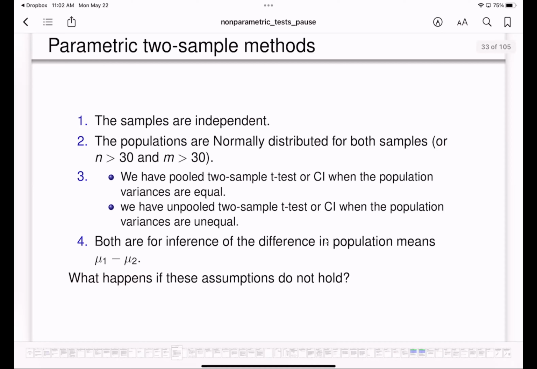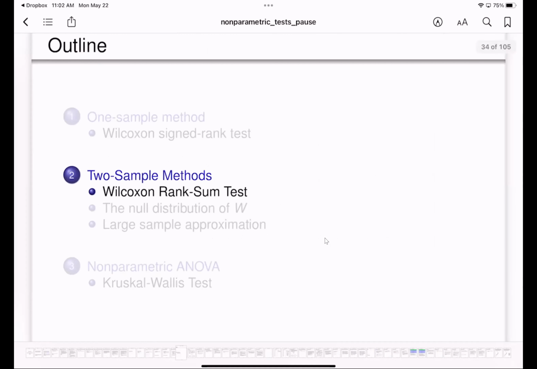Again, practical data may not satisfy these assumptions, so what should we do? We will consider alternative methods to conduct the test. The Wilcoxon rank sum test is one alternative test that can be used to do the two sample comparisons.